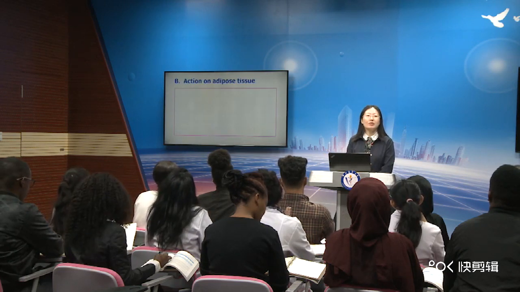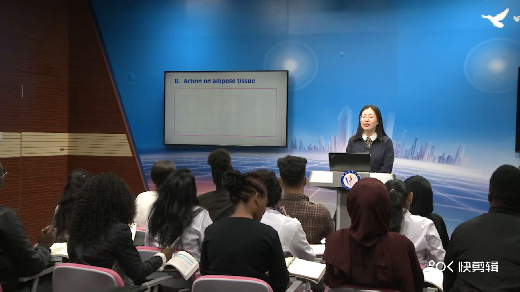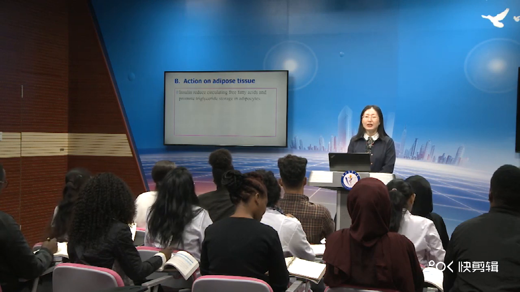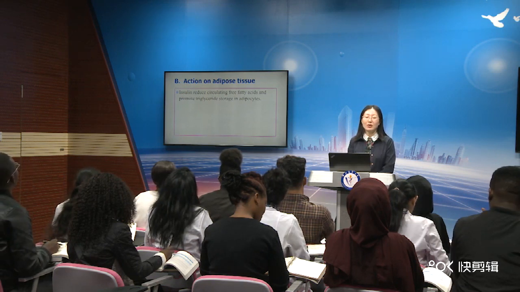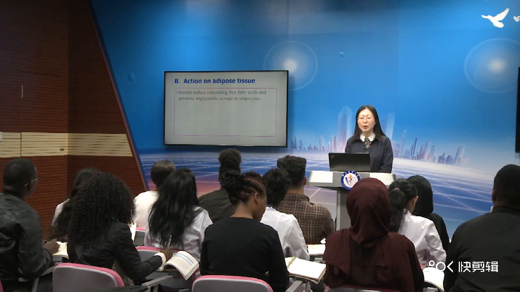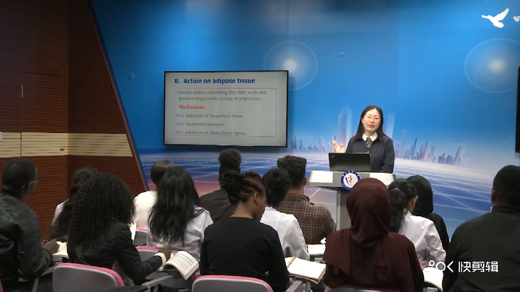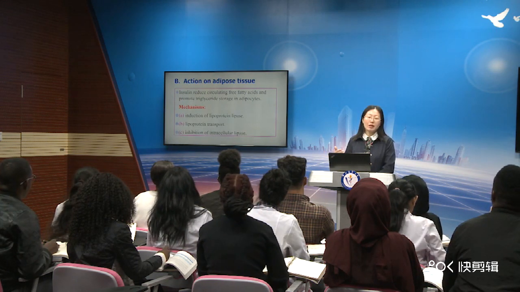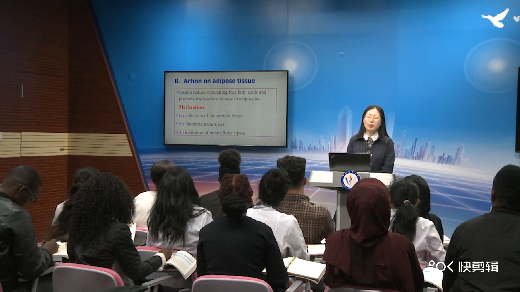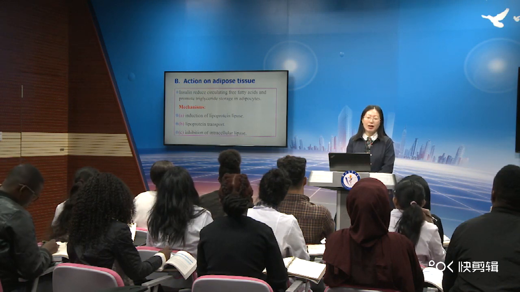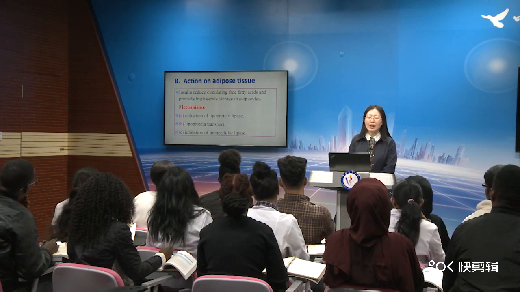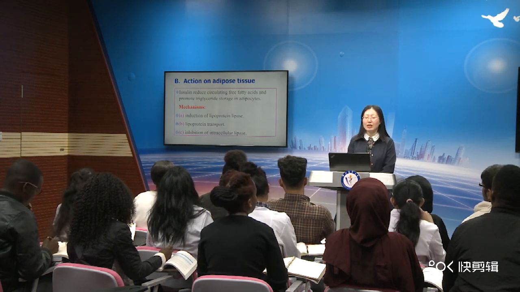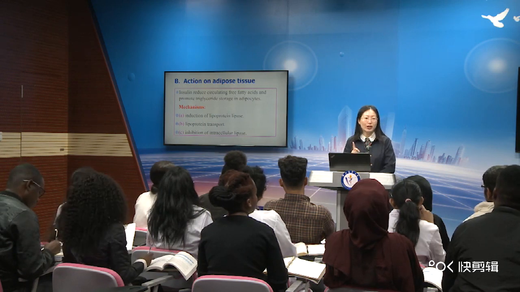And the second pharmacological effect, action on adipose tissue. Insulin can reduce circulating free fatty acid and promote triglyceride storage in adipocytes. The mechanisms induce lipoprotein lipase and also promote lipoprotein transport, and inhibit intracellular lipase. So now I have a question.